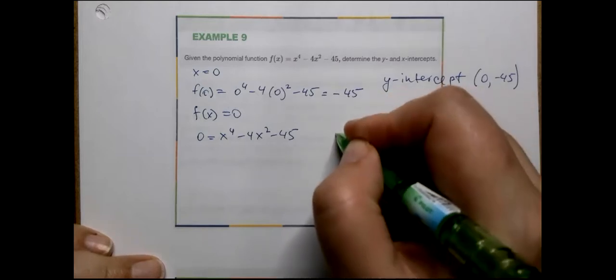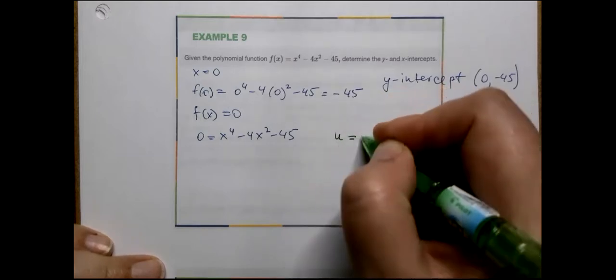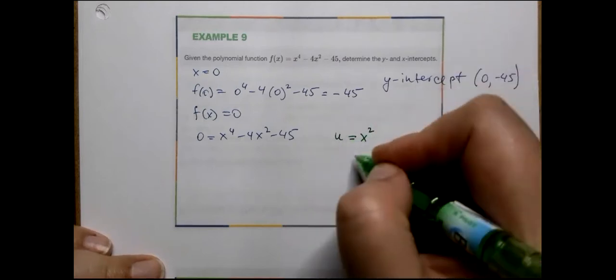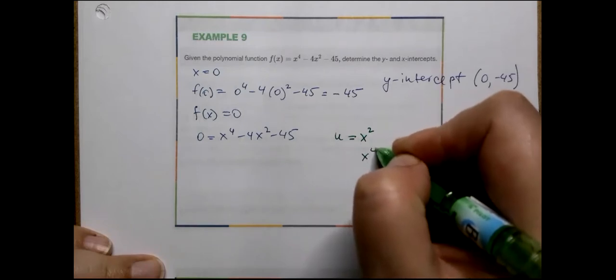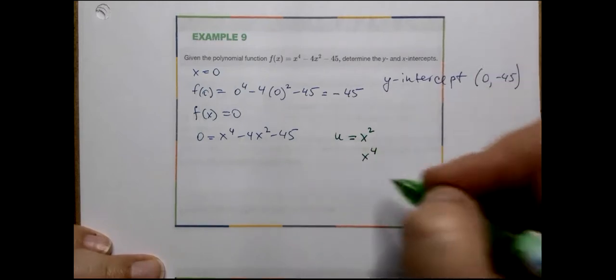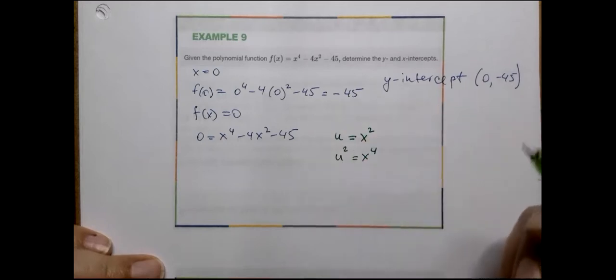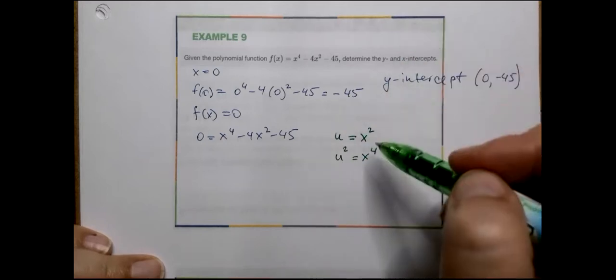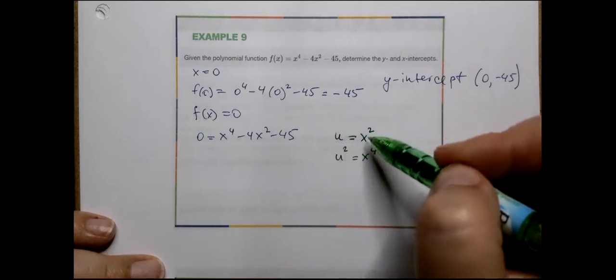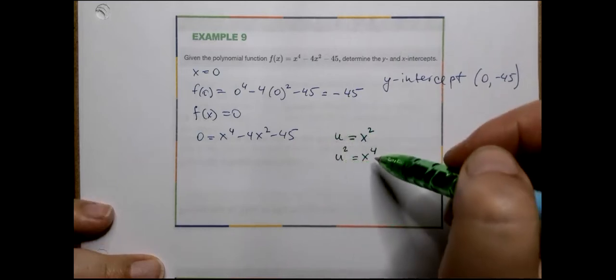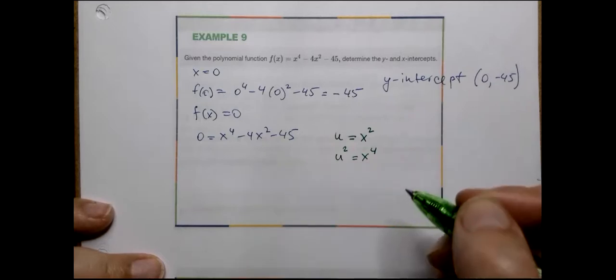We're going to say u equals x squared. Well, if u is x squared, then what's x to the fourth? And hopefully you said it's going to be u squared. So we're going to plug in u instead of x squared and u squared instead of x to the fourth. What are we going to have?